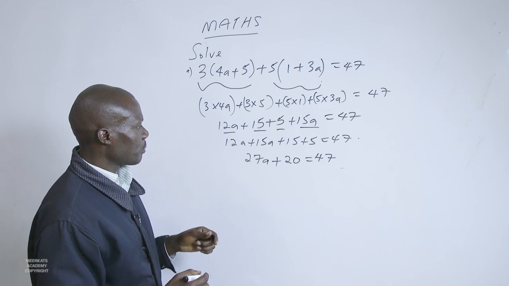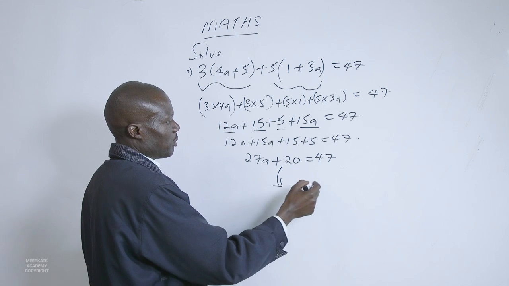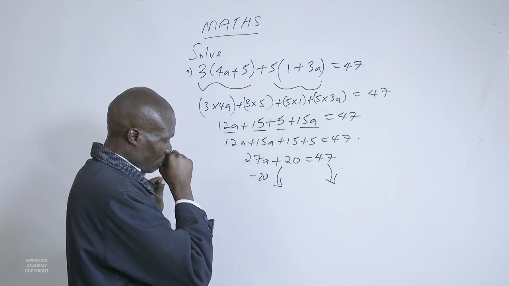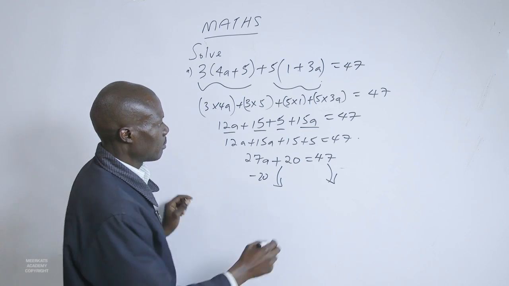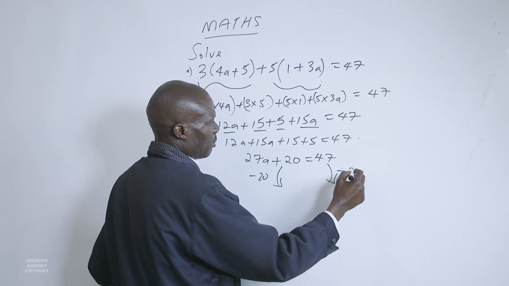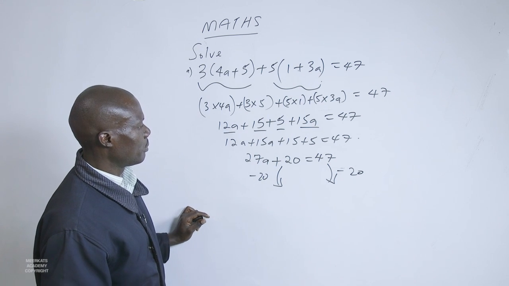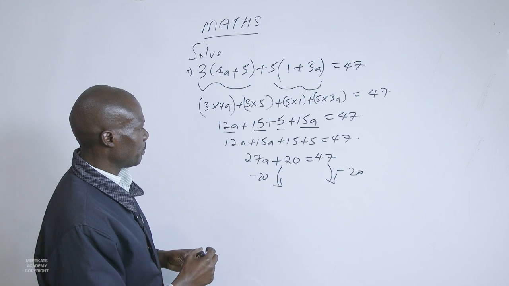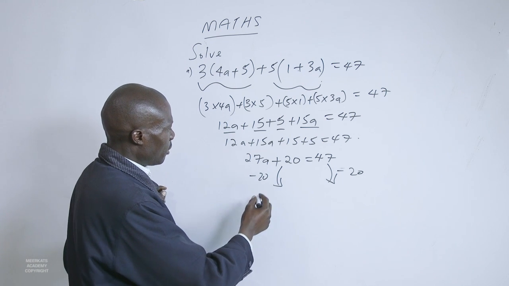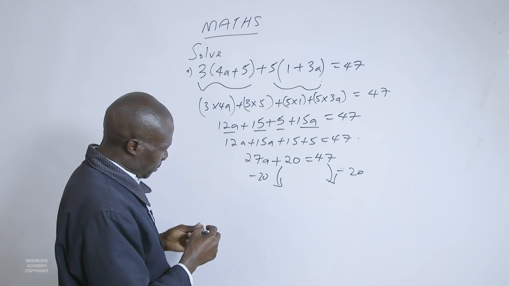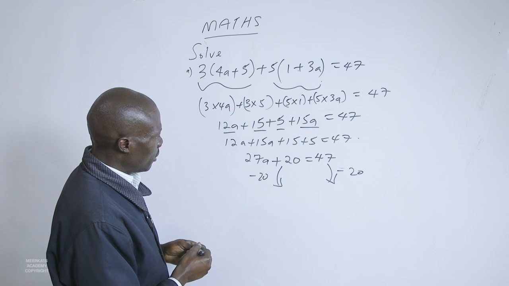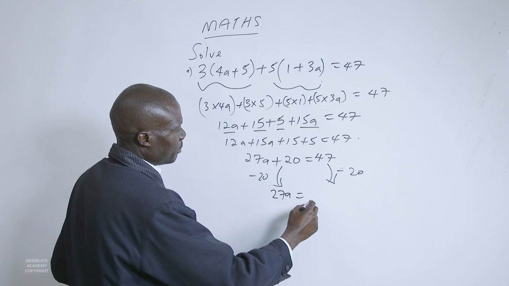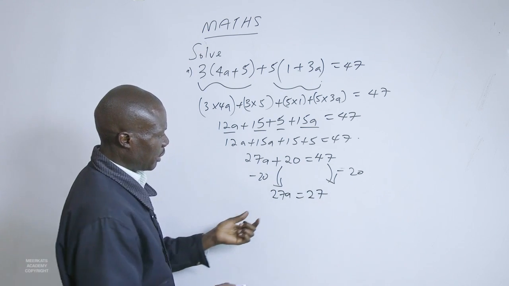From here, we have now reduced our expression. So we minus 20 both sides, so that we shall have 27a equals to 27.